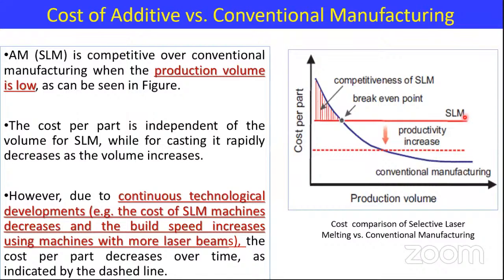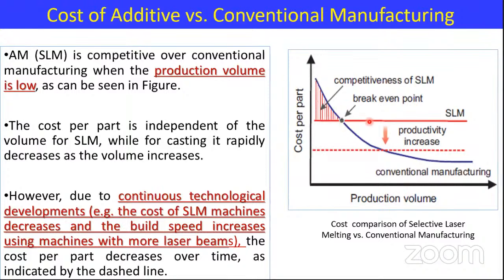And if you look at the red color line, of course, it is for additive manufacturing technology called selective laser melting. We will quickly look at what is that technology in the upcoming slides. But here, if you look at, it is in fact independent of our number of parts. The cost is going to be very constant, no matter how many components we need to manufacture.